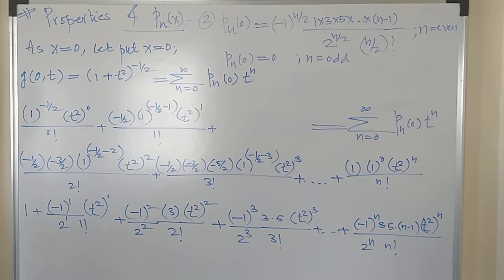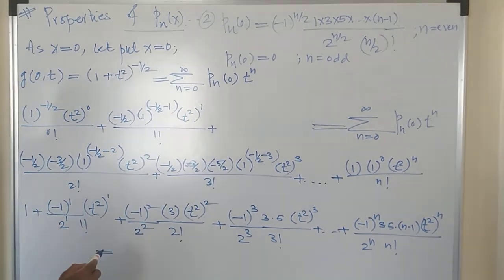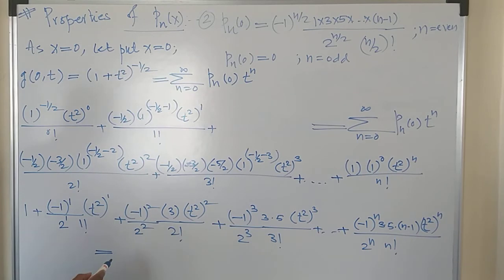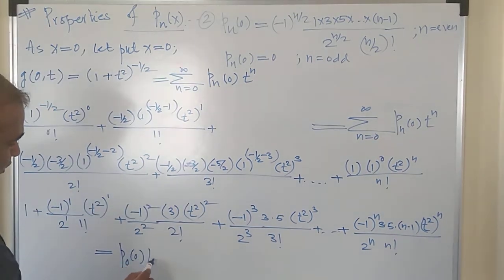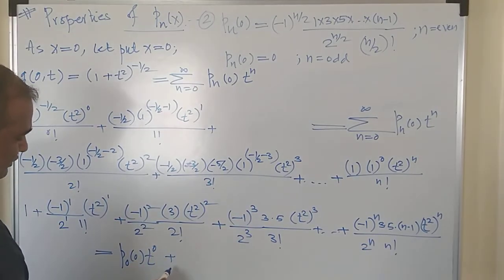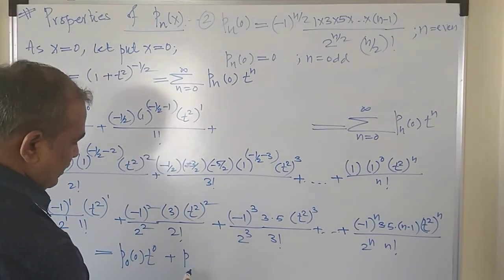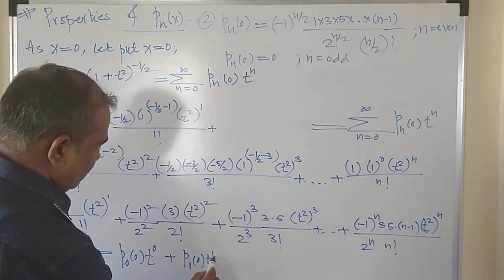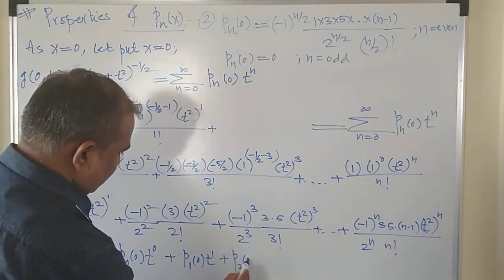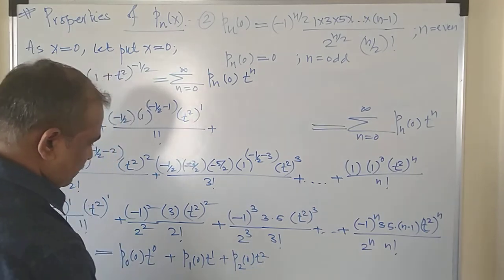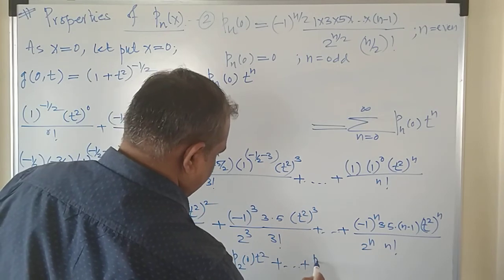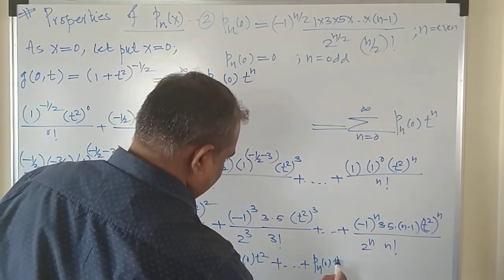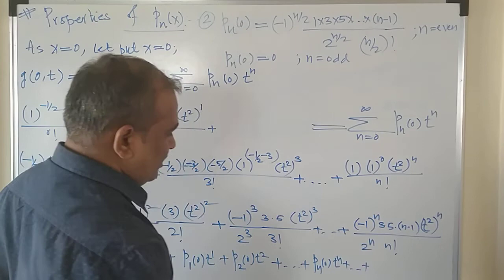The right hand side I can write as, let's put the values of n equals to 0, 1, 2, 3. So P0 of 0 t raised to 0 plus P1 of 0 t raised to 1 plus P2 of 0 t raised to 2 plus dot dot dot plus Pn of 0 t raised to n plus dot dot dot.